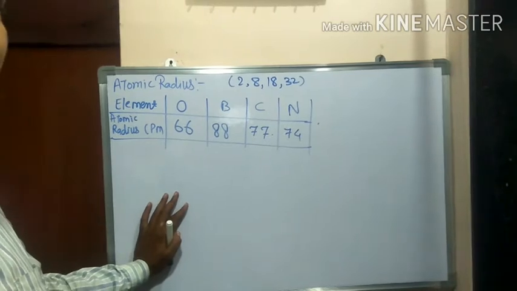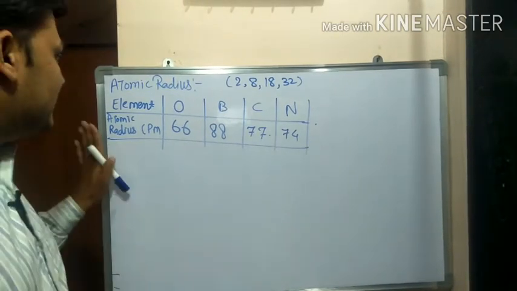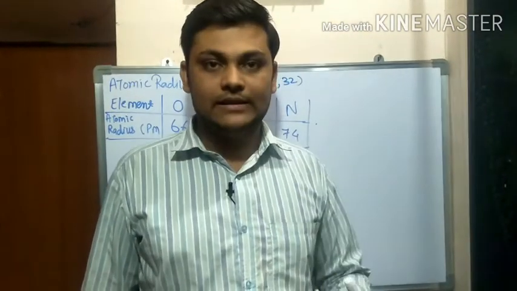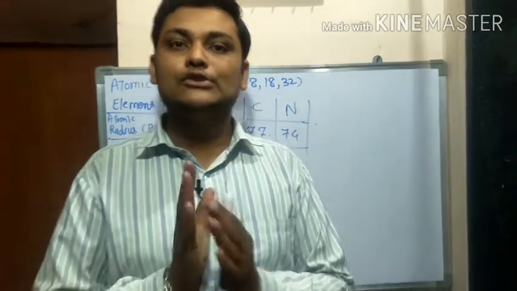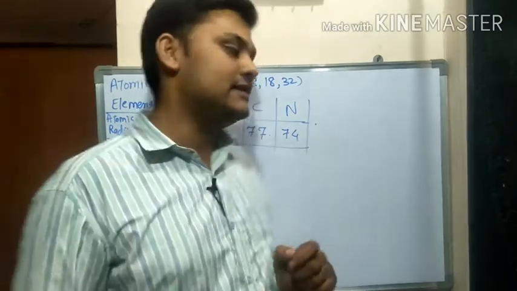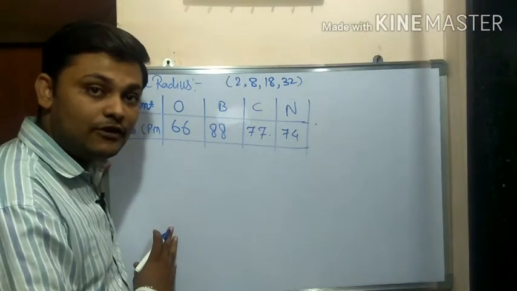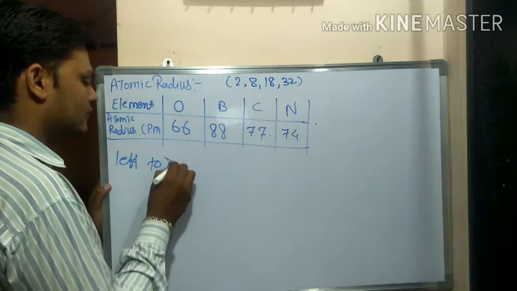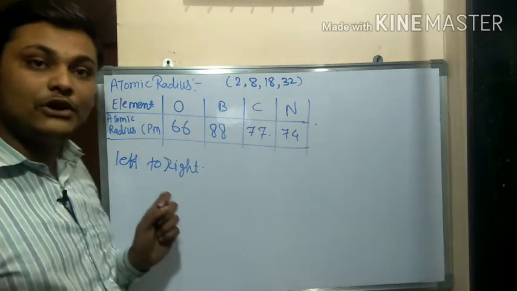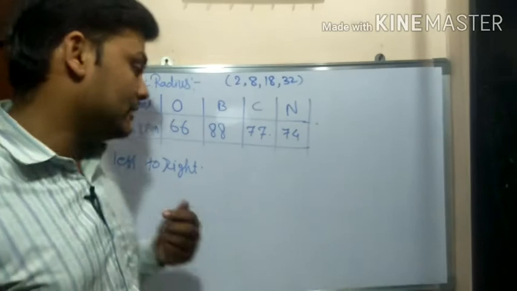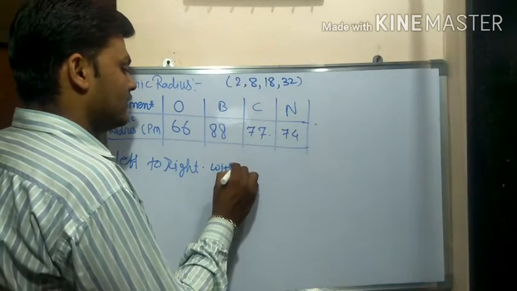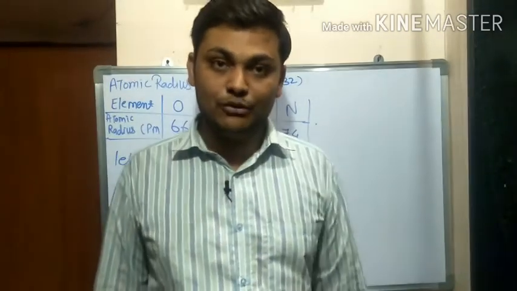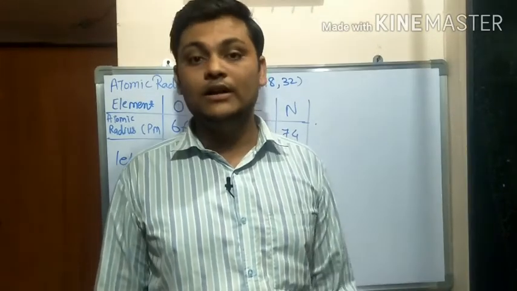Next, when we are studying atomic radius, we have to know very well that when we move in the periodic table from left to right, within a period, the atomic radius must go on decreasing.